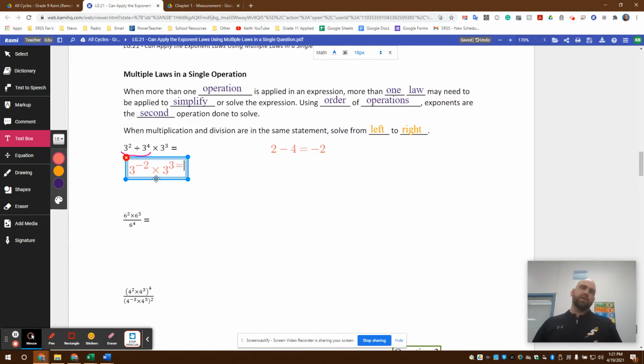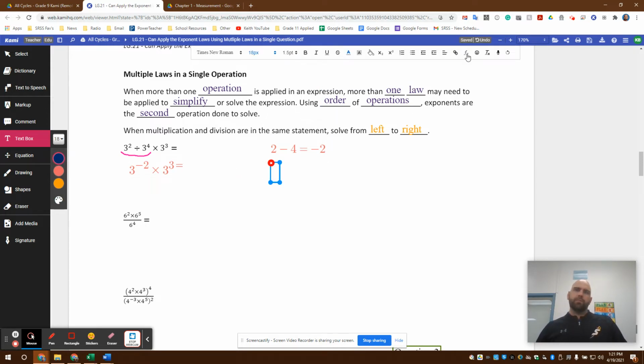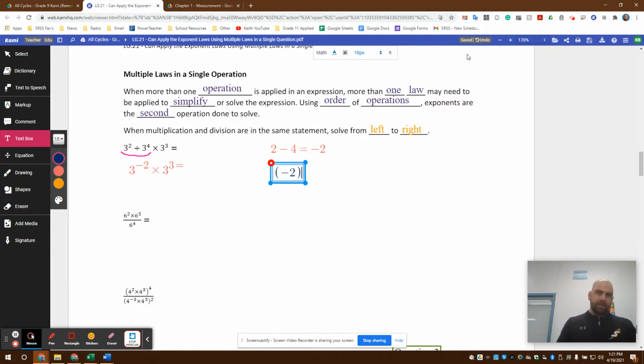Okay, so what we've done here is we've just simplified these two. Now again, remember, we always do it in order. So we start with that. Then we can solve this step here. And so now we are multiplying, so we're going to do negative 2 plus 3, and that's going to equal positive 1.